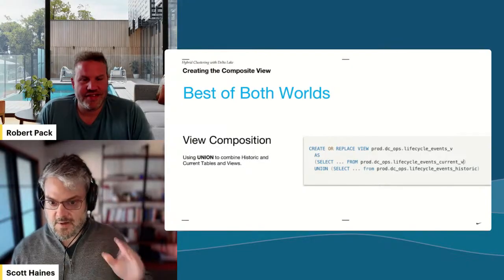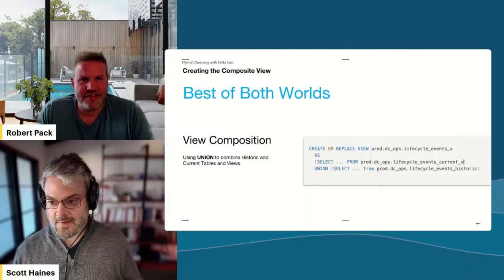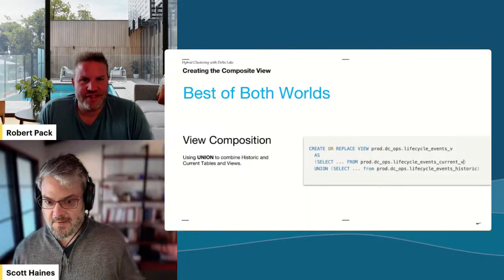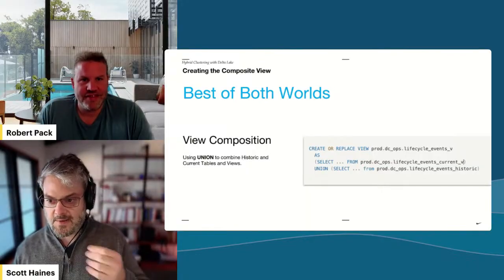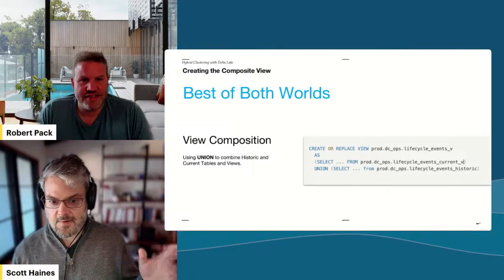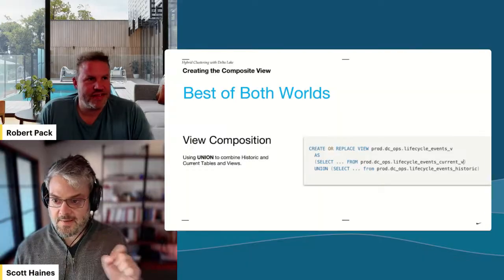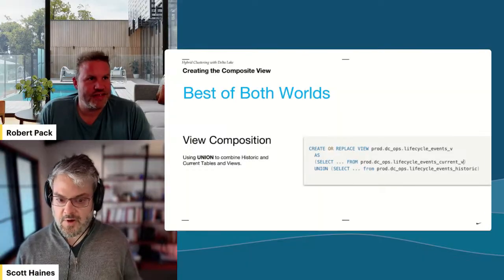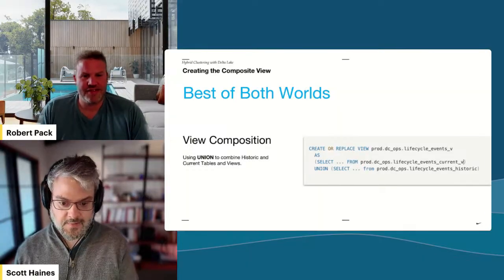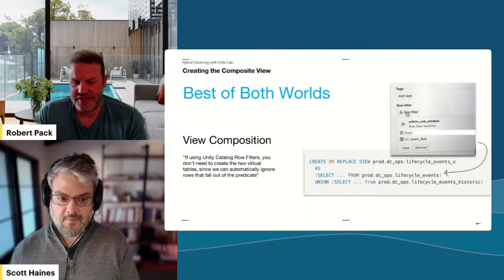We still get all the push down and everything else from the Delta side, whether you're using Spark as the execution engine, or Photon in DB SQL, you're still going to get the benefits of Delta understanding what it needs to read and what it doesn't need to read. So you're still pruning everything, which is also nice. So views are your friend.